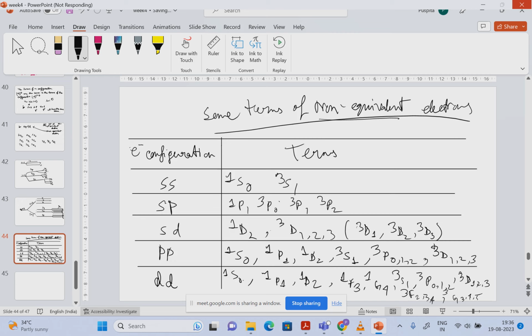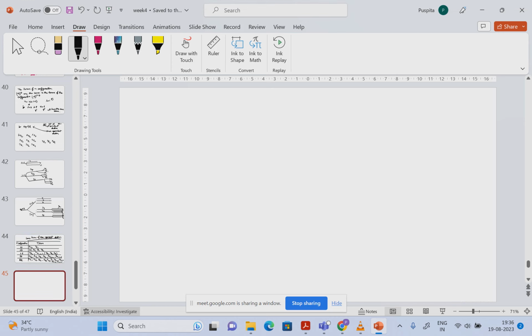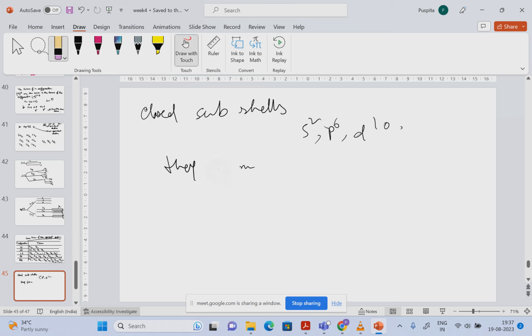And the closed subshells like s2, p6, d10 form only one 1S0 term.